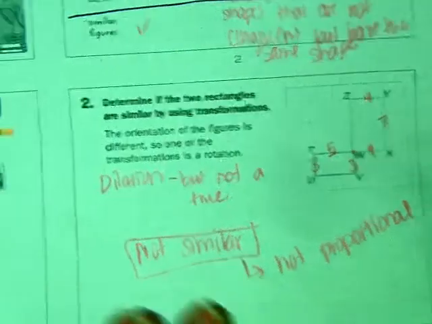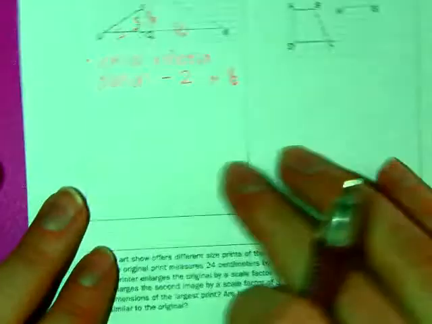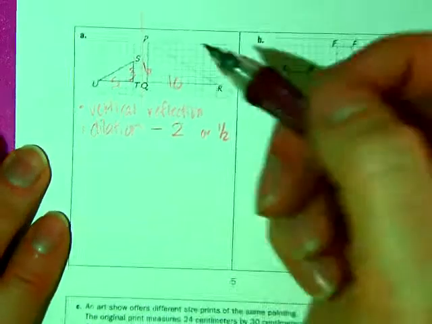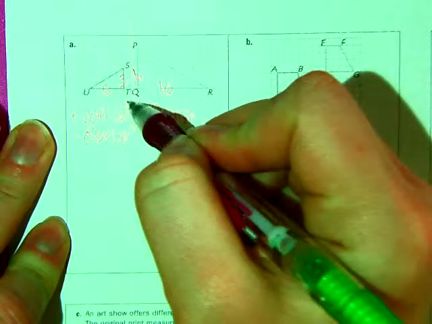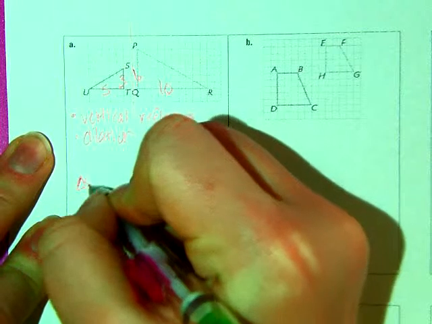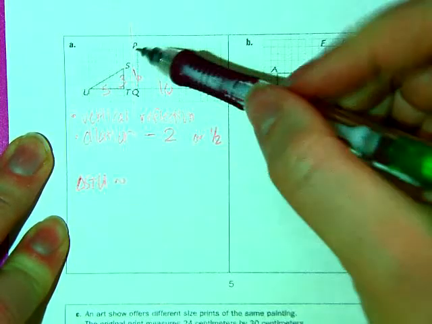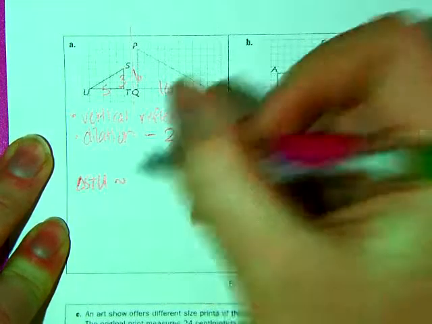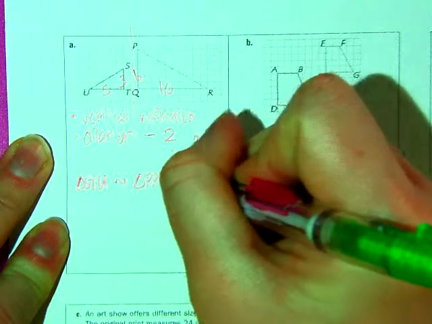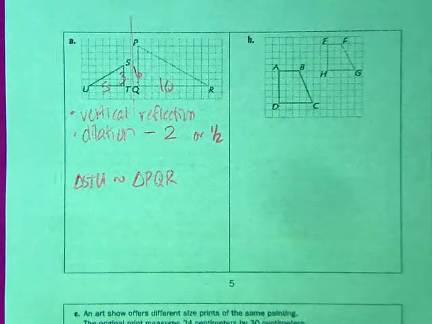Now this one was not similar, no similarity statement. This one is similar, so let's write a similarity statement. We'll go triangle STU is similar to, S goes with P, so triangle PQR. So there would be our similarity statement.